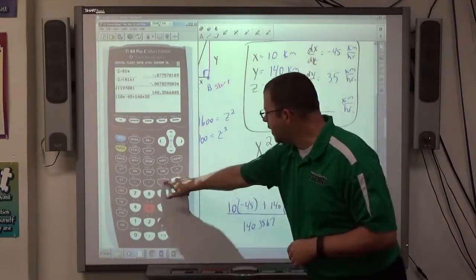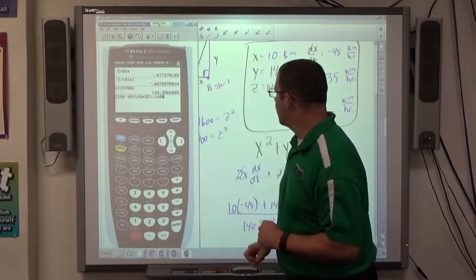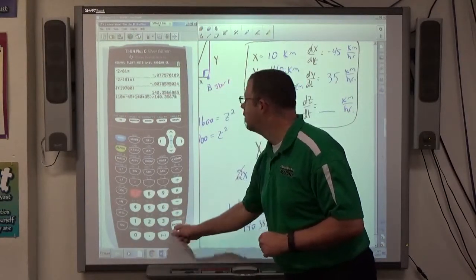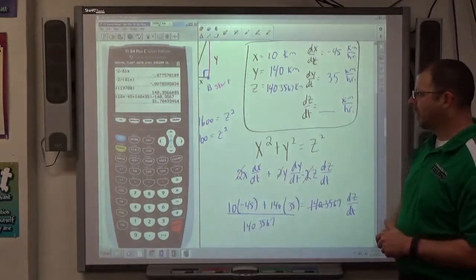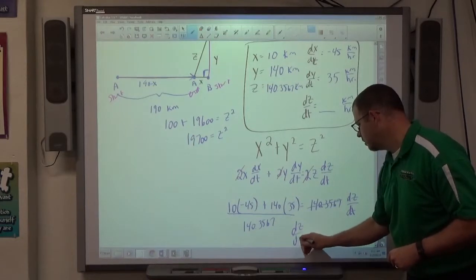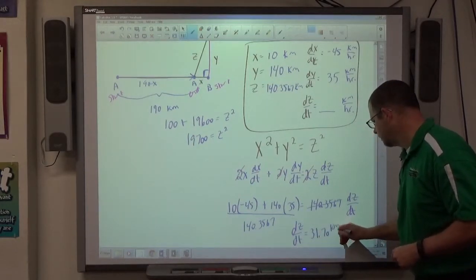Now the top is done. Divided by 140.3567 equals, we end up with 31.70 kilometers per hour.